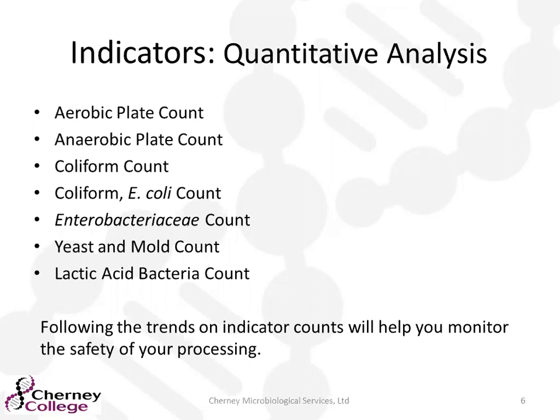Thing to keep in mind here again is on an APC, that is good bacteria and bad bacteria, so that overall bioburden. When we start talking in products, sometimes we have the lack of oxygen, and that's where we're going to go ahead and do the anaerobic plate count.